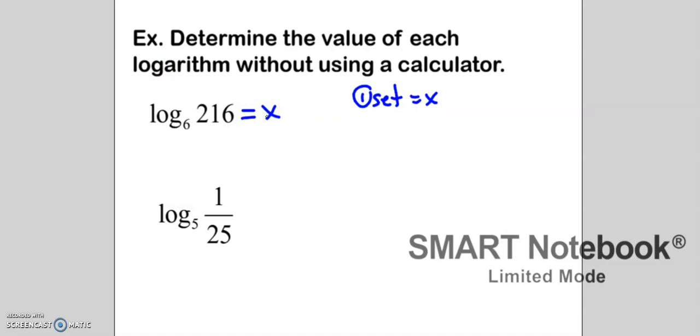And now what happens is I have this equation, and I can use the lasso tool to rewrite this function. Right? So the rest of step 1 is this. Set equal to x and use the lasso to rewrite in exponential form.